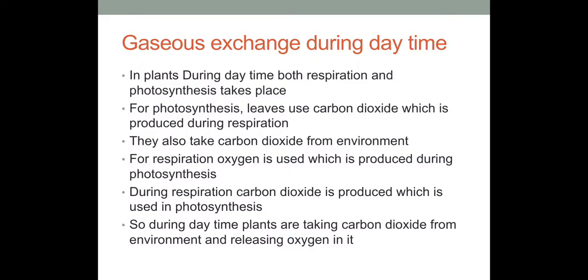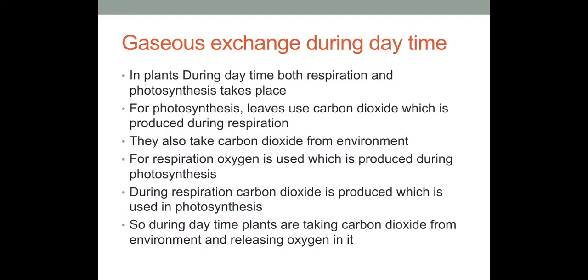Then for respiration, oxygen is required, and oxygen is produced as a byproduct in photosynthesis. So the plant will simply use the oxygen which is produced in photosynthesis for the process of respiration. They will not take any extra oxygen from their environment. Then during respiration, carbon dioxide is produced, which is used in photosynthesis.